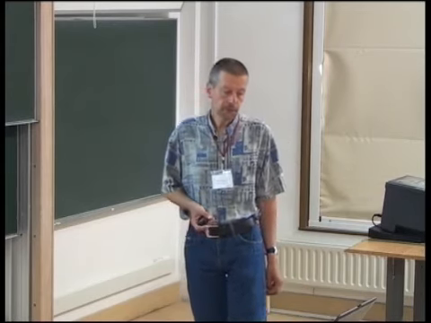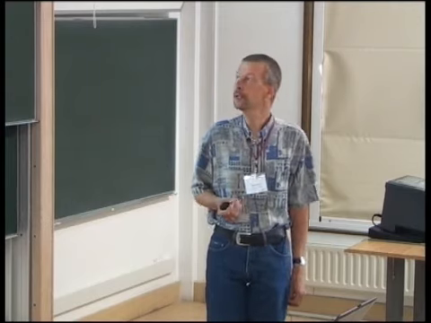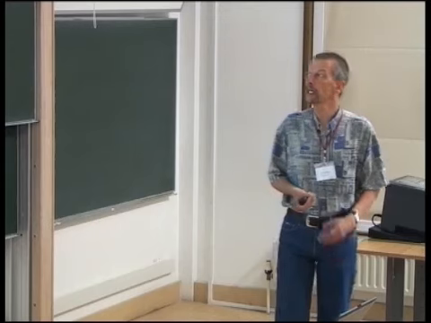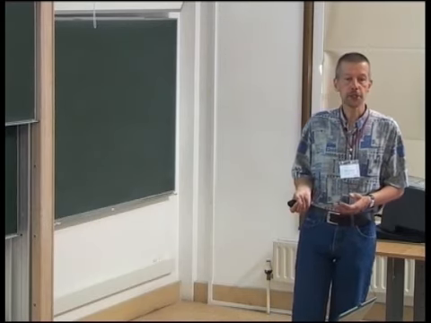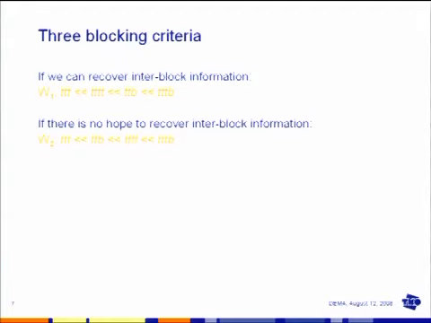Now, suppose, on the contrary, that there is no hope whatever to recover the interblock information. In other words, if there are TTB words, and if there are many of them, there is no hope to recover 2-factor interaction information because it is aliased with those hopeless blocks.